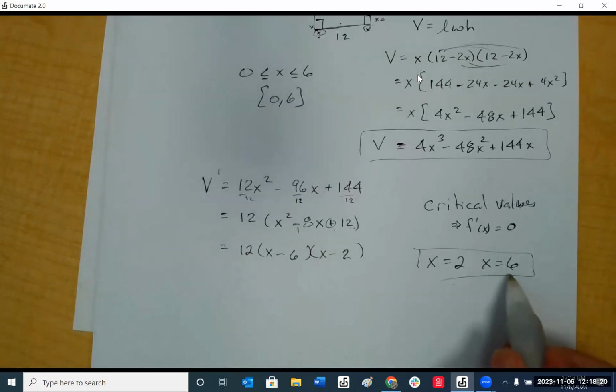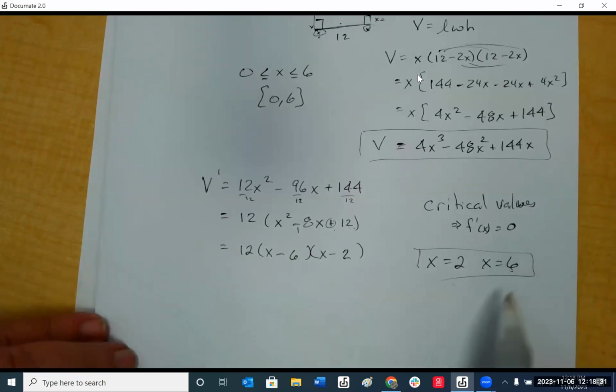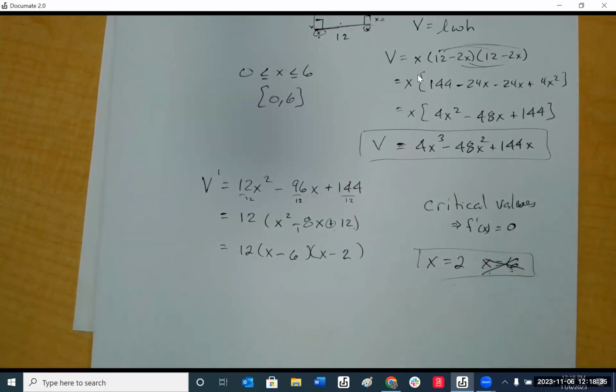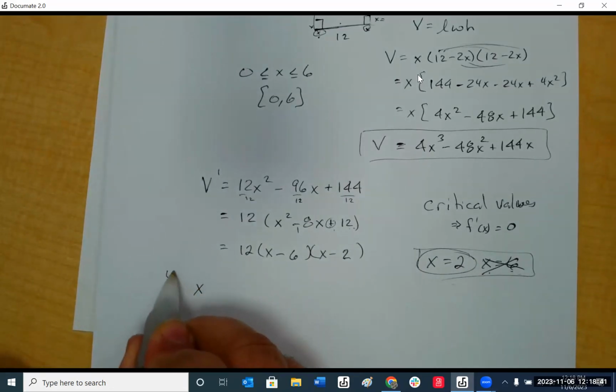So can we use x being 6? No, because if we use x equals 6, that means we just fold it in half. So we can use x equals 2.